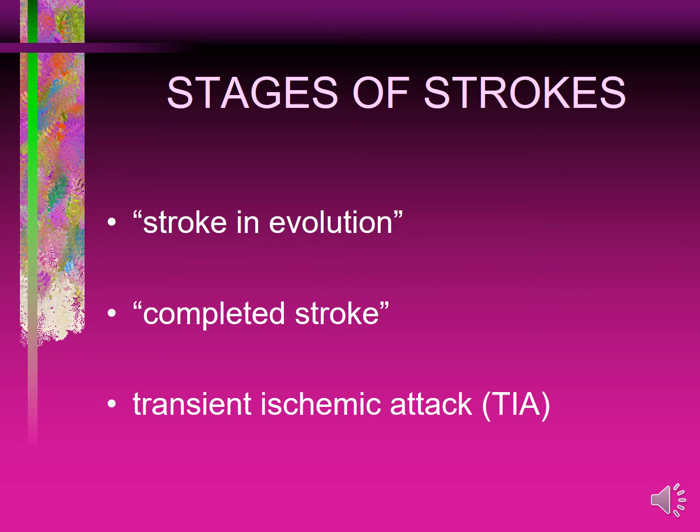A completed stroke, on the other hand, they feel that the damage is finished and they can predict what the person's deficits will be. And a transient ischemic attack, I already talked about that. That's when there's partial occlusion or temporary occlusion of a blood vessel and the person has temporary symptoms that go away. And usually with a transient ischemic attack, the symptoms go away within 24 hours.